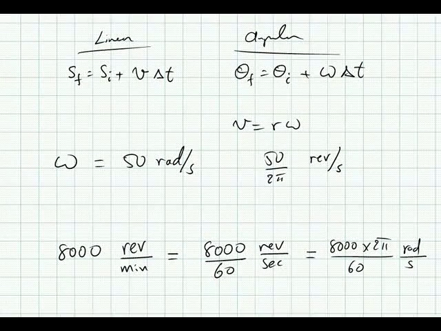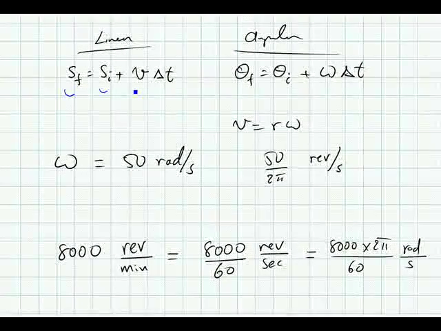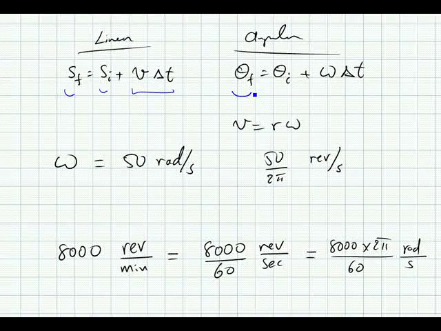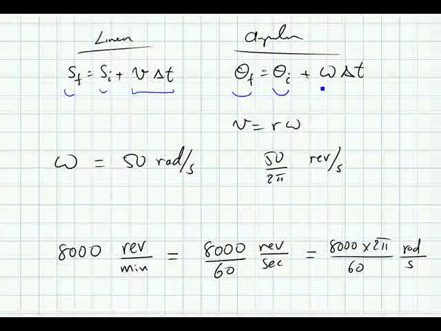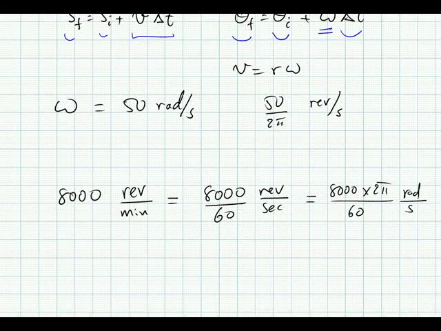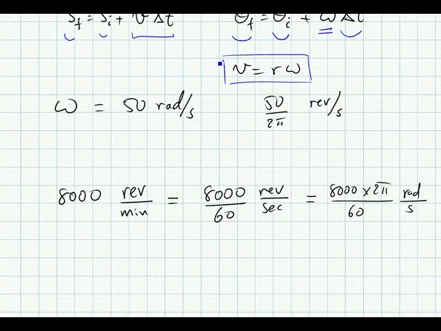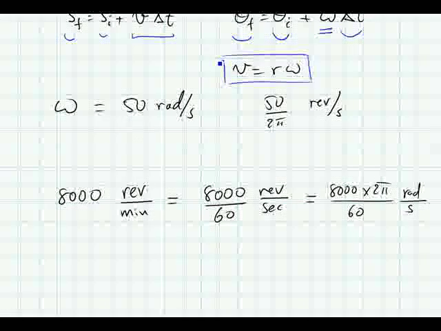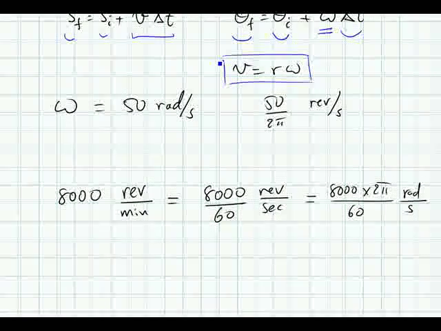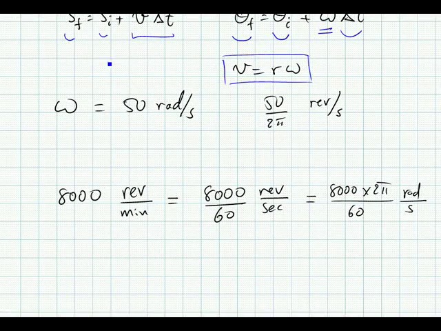In linear motion we have final position is equal to initial position plus velocity times delta t. In the angular world we have final angular position equals initial angular position plus angular velocity times delta t. And we know that speed v is equal to r omega, so that connects the linear and angular entities to each other. Similarly, we had s is equal to r delta theta.